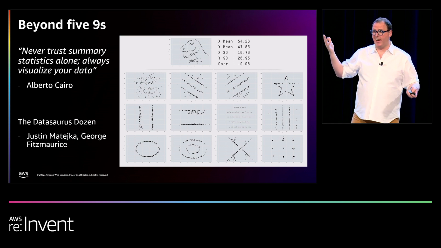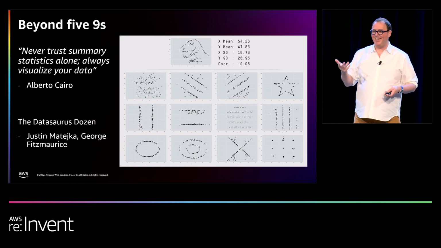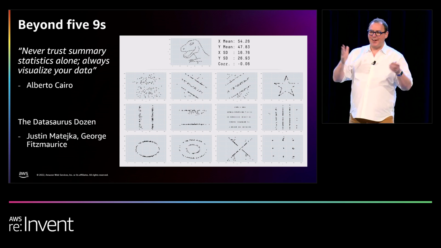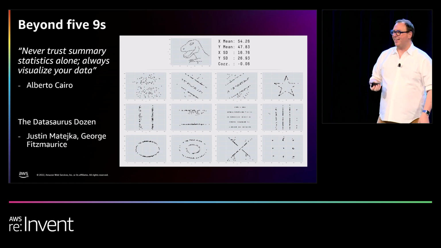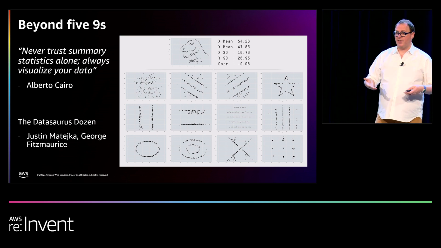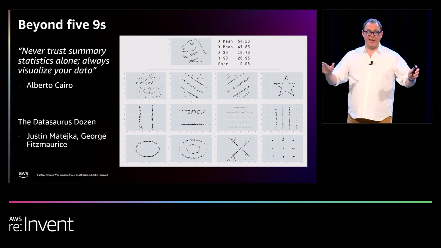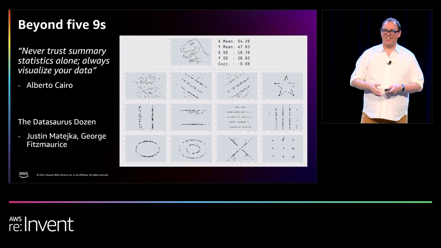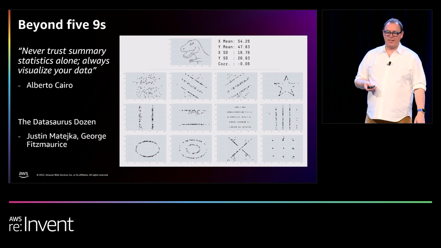One looks like a T-Rex, and the rest look like these other interesting shapes, but they all have the same mean, the same median, same standard deviation, and a bunch of other summary statistics. And the point of the paper was to get across something that is commonly taught in the very first lecture of a statistics module, which is you should plot your data. You should look at how it looks, don't just focus on the means and averages and so on, because it won't give you much insight.